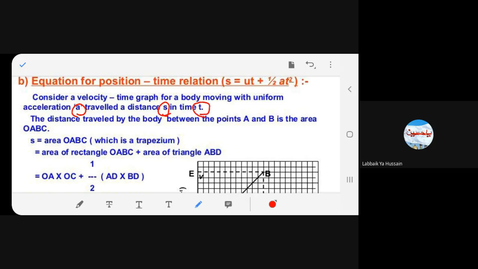So these are the three things we are going to use. Earlier we used the change in velocity. Remember that. Instead of change in velocity, we are using acceleration. This is the difference between the last graph and the present graph.